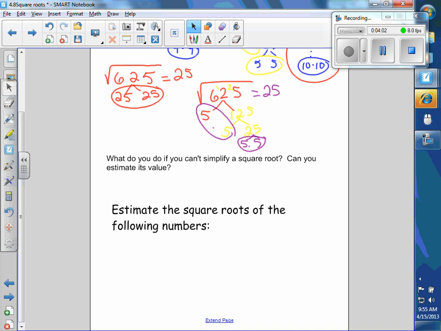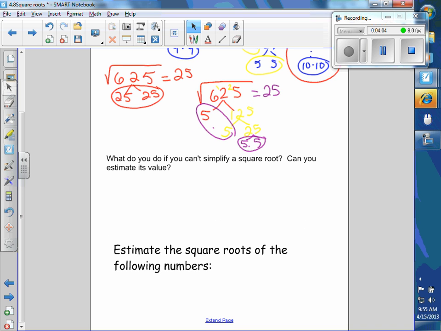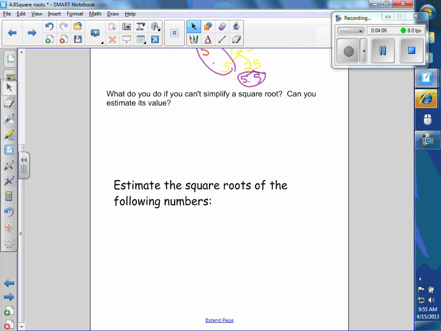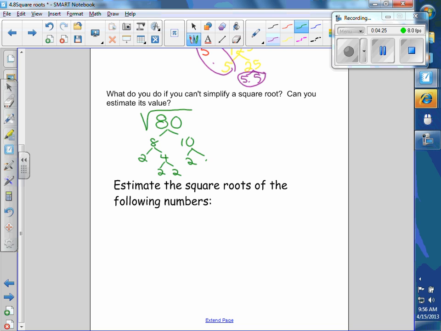Okay, let's make sure we all understand what it looks like when there isn't a pair. What if we had the square root of 80? If I tried to break that down, I could do 8 times 10, 2 times 4, 2 times 2, 2 times 5. So there are pairs, but there aren't all pairs.